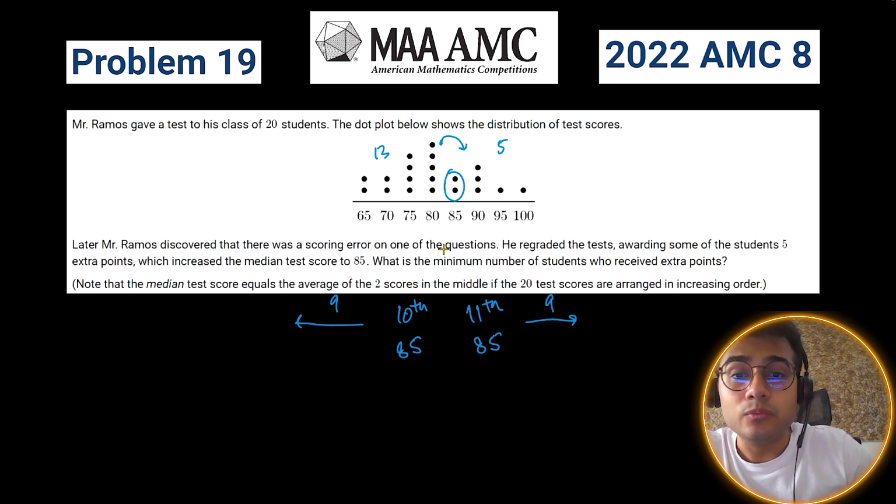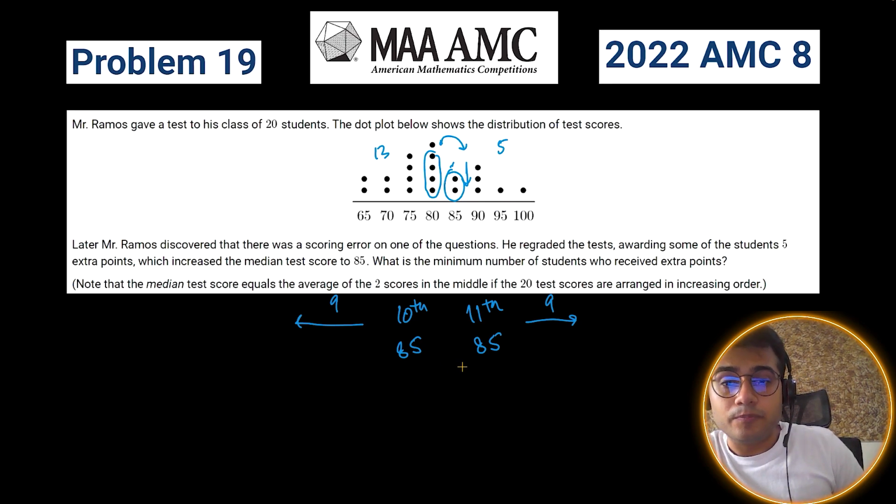Okay, and we can do that by adding 5 to, let's say, these 4 students. So we have one student at 80, and then these 4 students just come here at 85. We can consider them to be on this side of the 85 students.